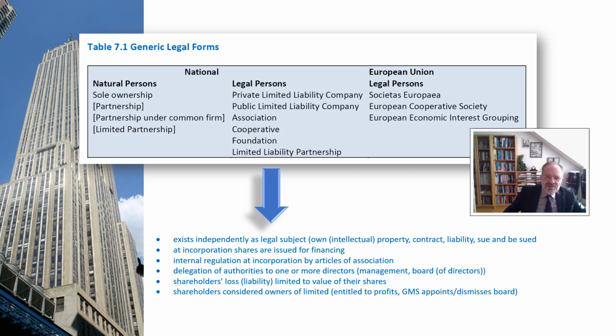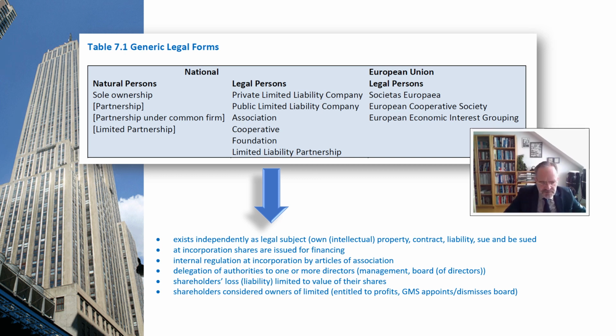The characteristics of the two we focus on, the public and private limited liability, is that they are incorporated, so you have to go through a process to create them, and part of the process is that shares are issued by the legal person, and those shares are sold to shareholders, and the money made with the shares is used for financing the legal person.